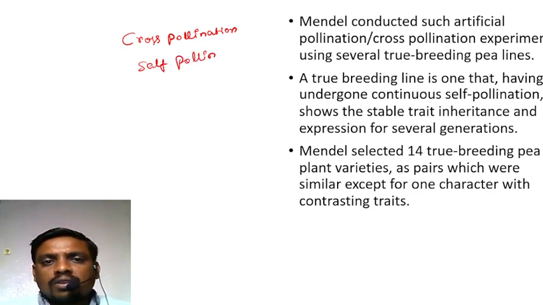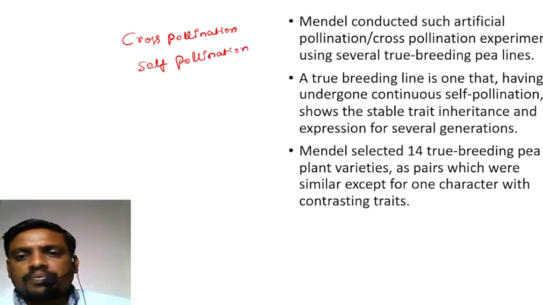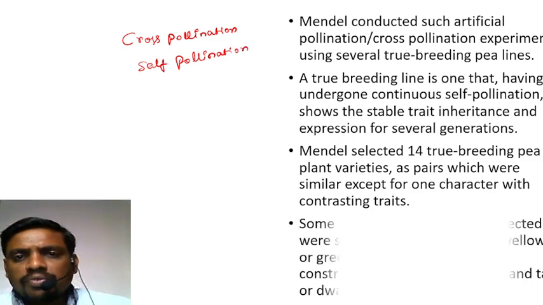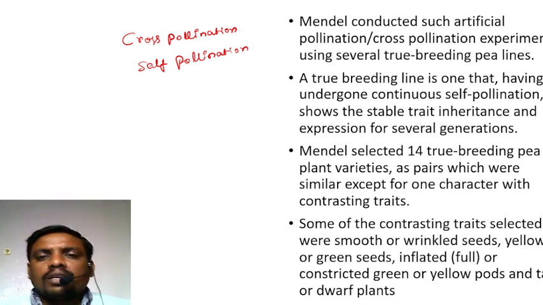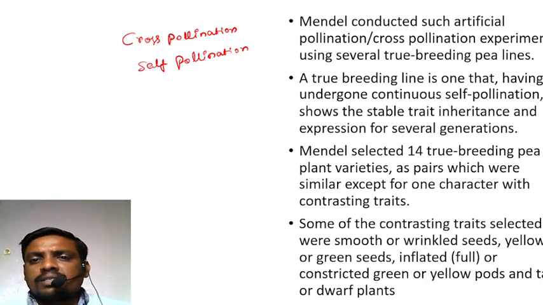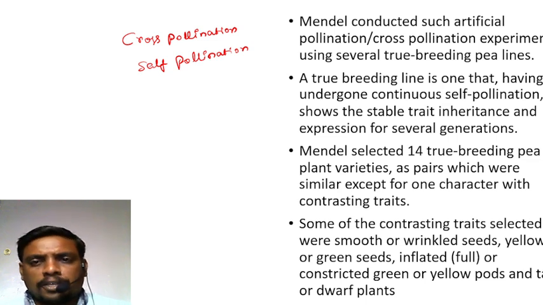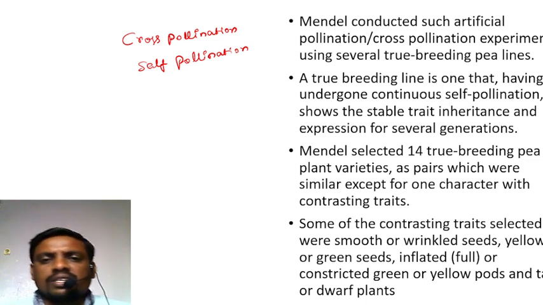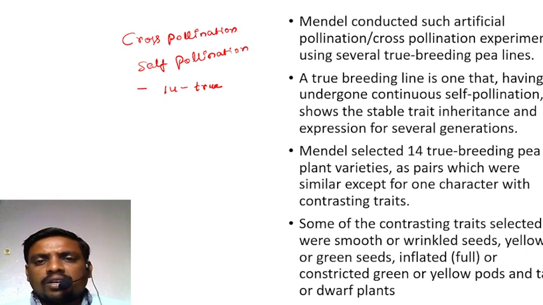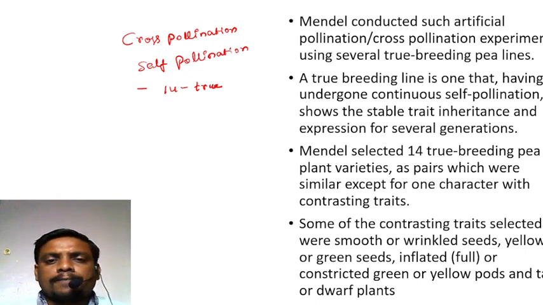A plant that has undergone continuous self-pollination is called a pure-line plant. From this pure-line plant, it is easy to get stable traits to show inheritance expression for several generations. Mendel selected 14 true-breeding pea plant varieties as pairs, which were similar except for one character.